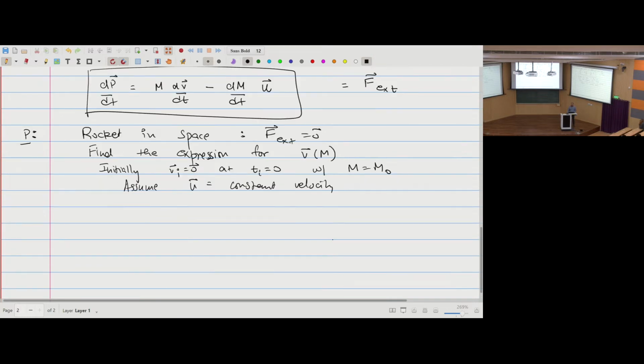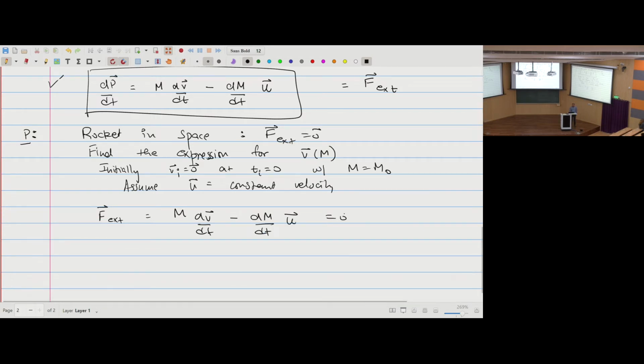u can change as well, but u changes depending on how you control the burning. So let's assume u is constant and then apply this variable mass flow problem expression. So, the external force, that's given to be 0 in the problem.